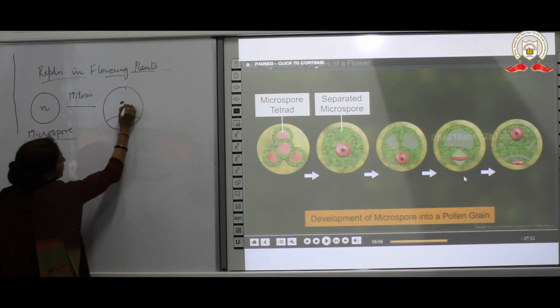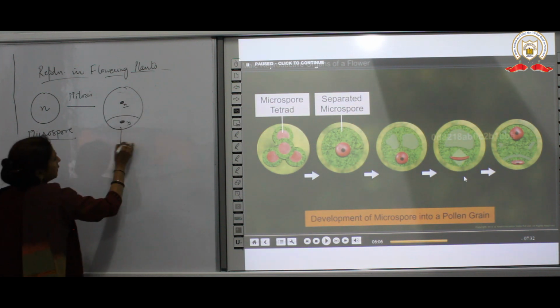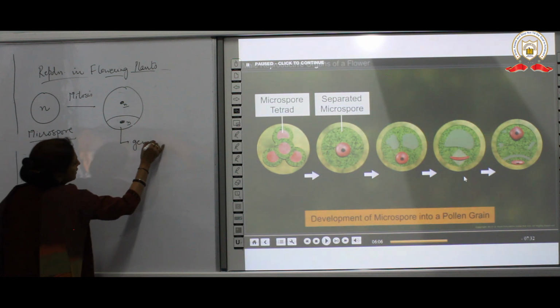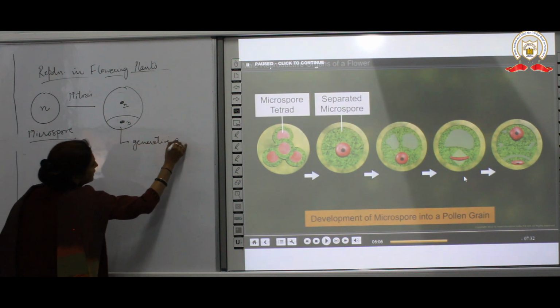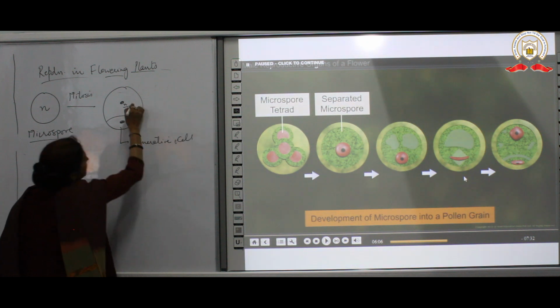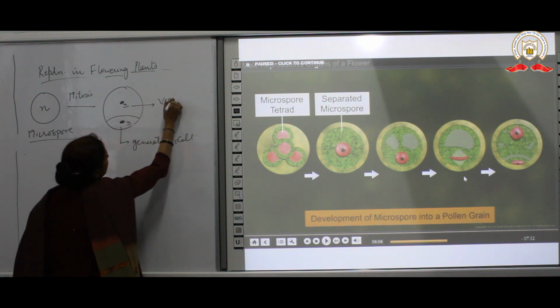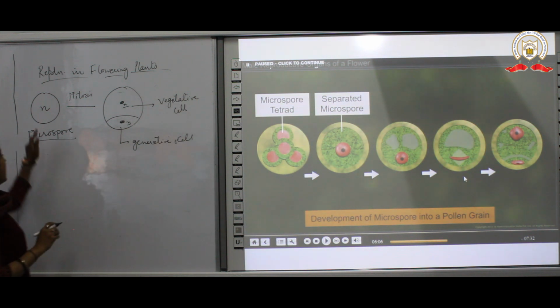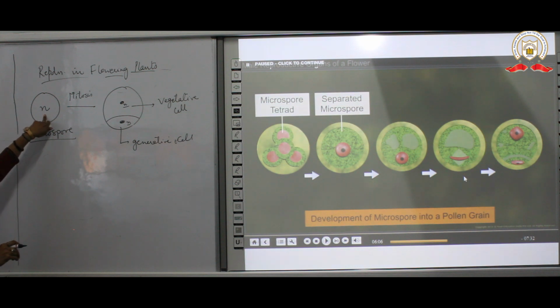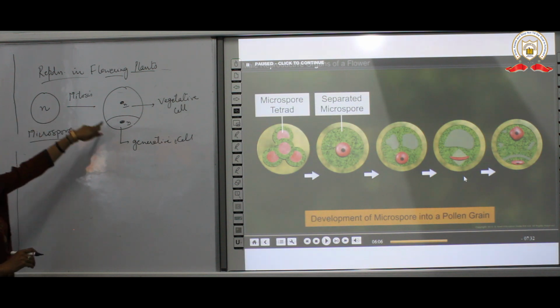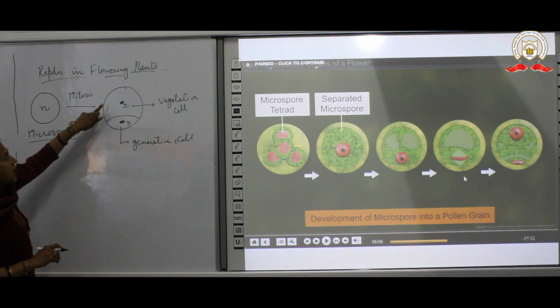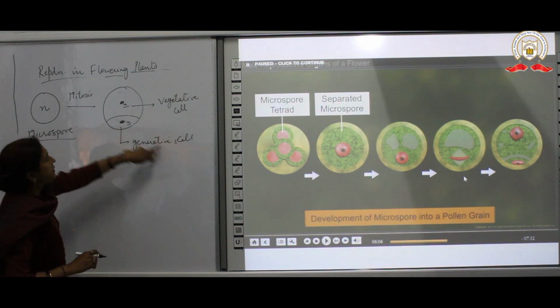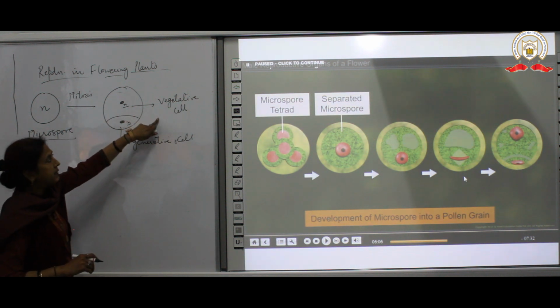So both the nuclei will be haploid. The smaller cell is known as the generative cell and the large one is known as the vegetative cell. Now you see, the microspore has only one nucleus, but as it develops into pollen, the pollen has two cells, one small generative cell and the other large vegetative cell.